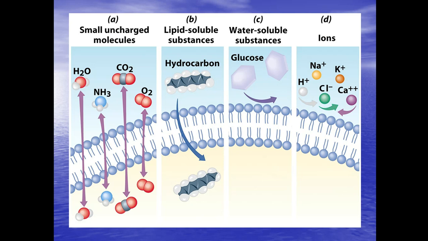As per this model, you can see, only this model helps us in understanding the exchange or movement of material, which is selective movement, I should say. Some of the small molecules can pass through easily, and other molecules, some lipid soluble and some water soluble, should also move.